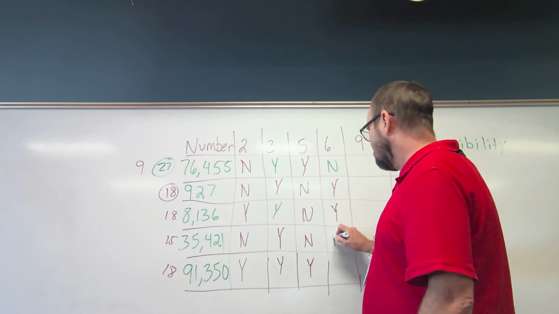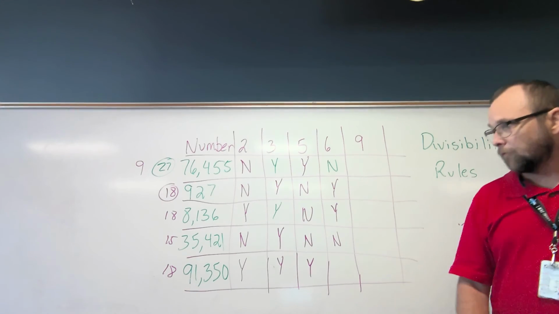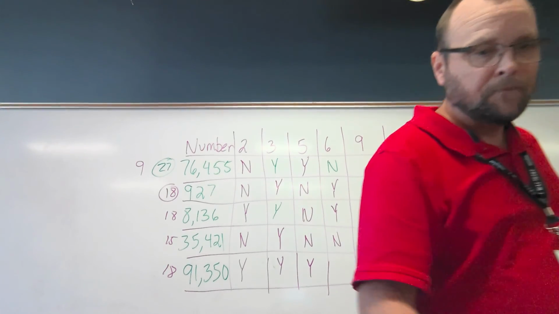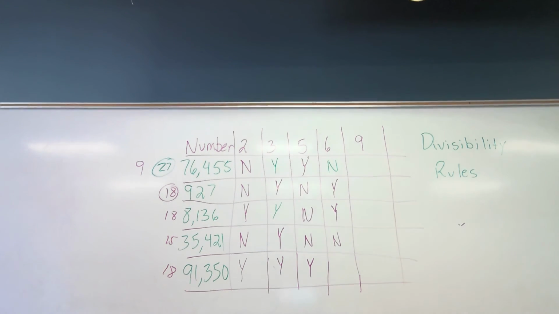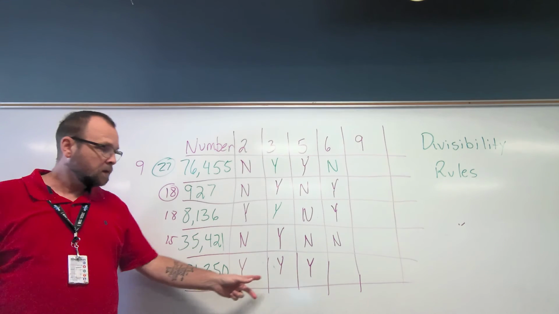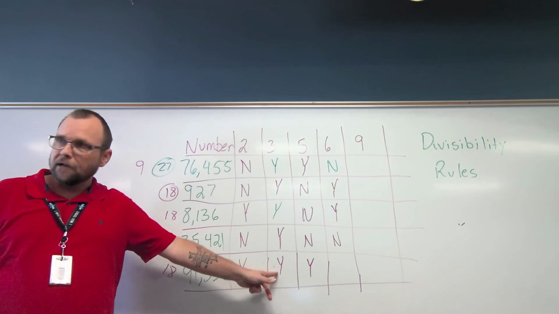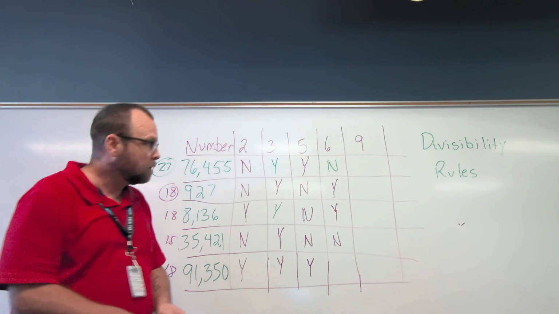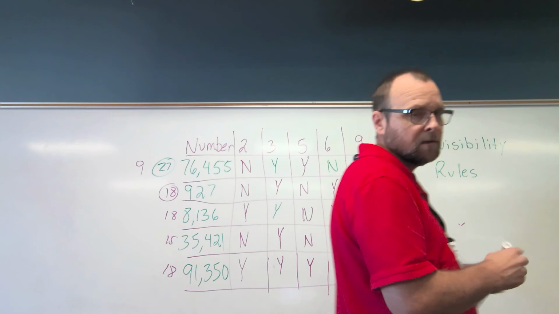Since it's not an even number, it cannot be divisible by 6. 91,350. Emma, is it divisible by 6? Yes, it is. It's divisible by 2, so it's an even number, and it's divisible by 3. So if it's divisible by both 2 and 3, then it has to be divisible by 6.